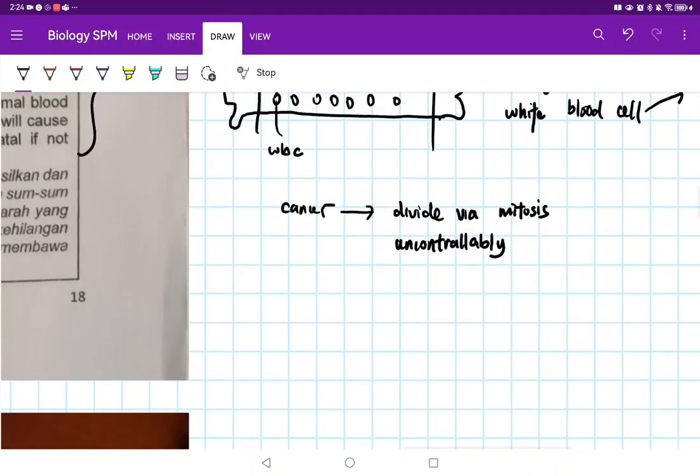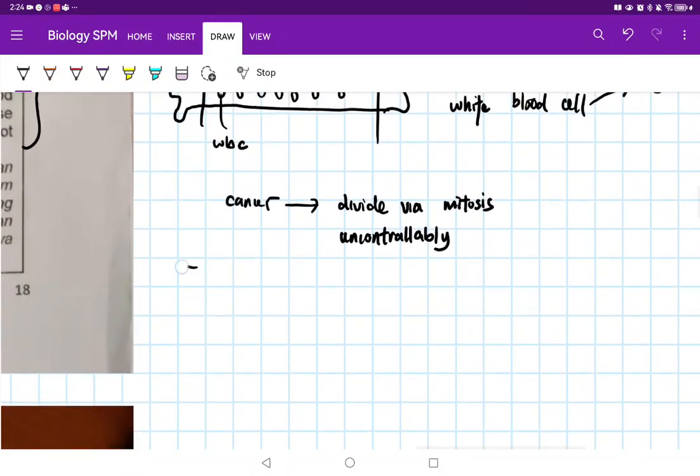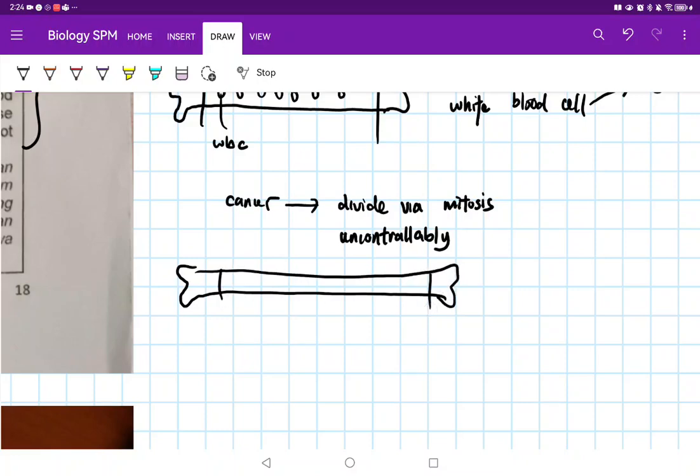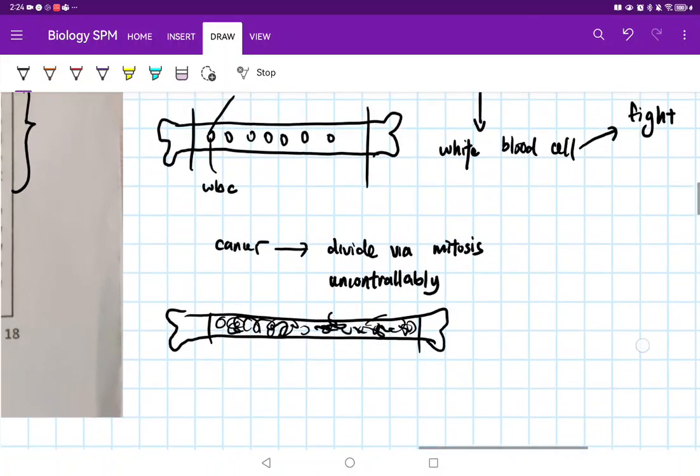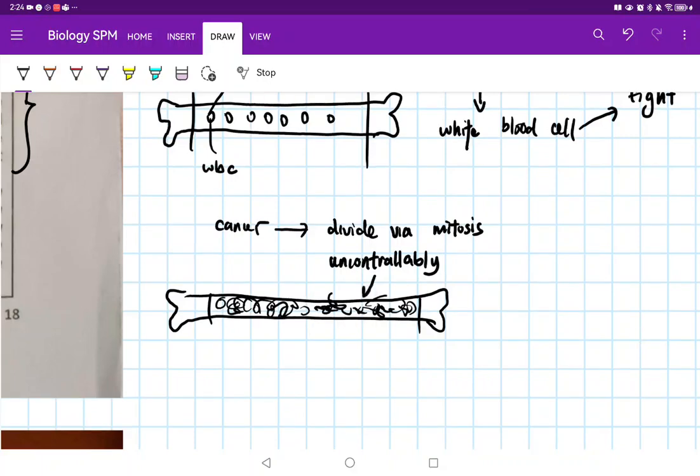How does it divide uncontrollably? Basically, it will create a lot of white blood cells very fast in the bone marrow. So this is what leukemia will look like.